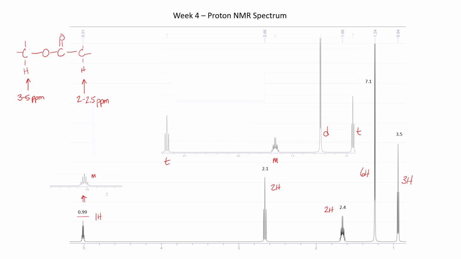Now, that means that this is most likely a CH group. This is most likely a CH2 group, another CH2 group, 6 hydrogens total. Hopefully you've done enough problems to know that that would most likely be 2 CH3s and then another CH3 here. So these are our pieces that I'm going to put together.